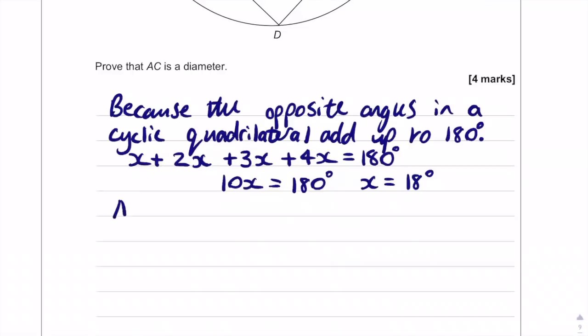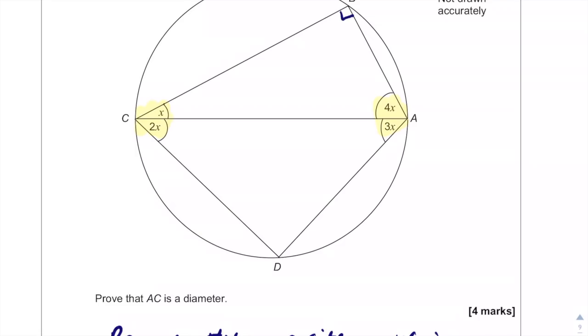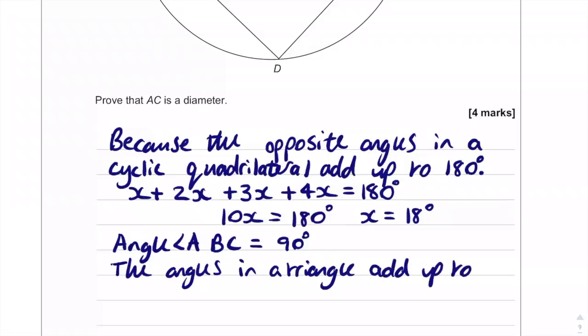So we can say angle ABC is equal to 90 degrees. And we can prove that by saying that the angles in a triangle add up to 180 degrees.